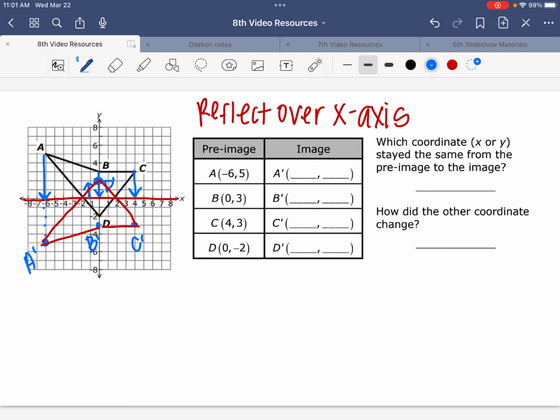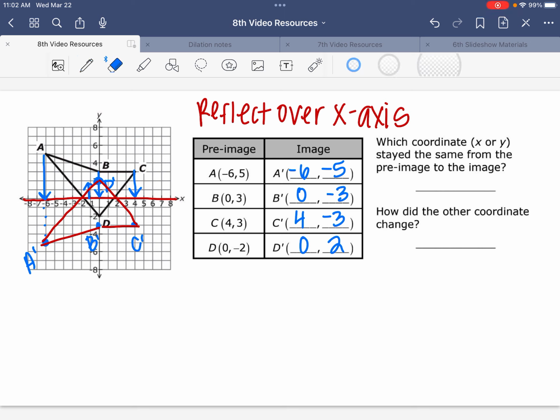And our coordinates of A' are -6, -5. Point B' is going to be 0, -3. Point C' is 4, -3. And point D' is 0, +2.